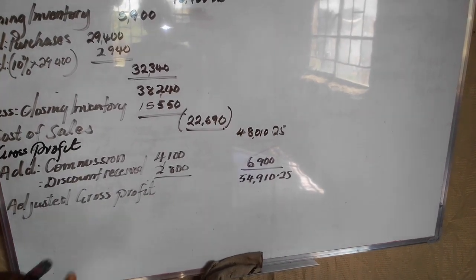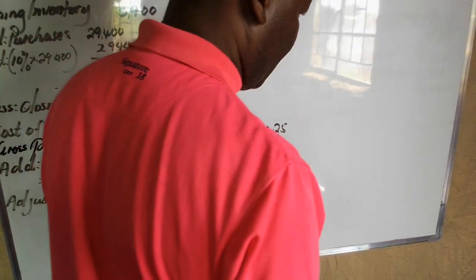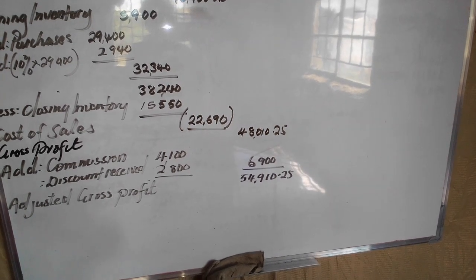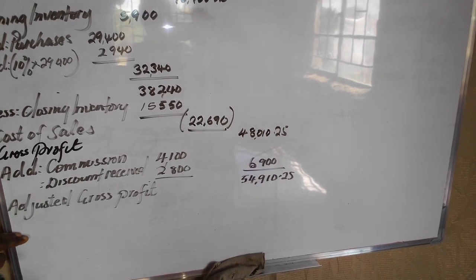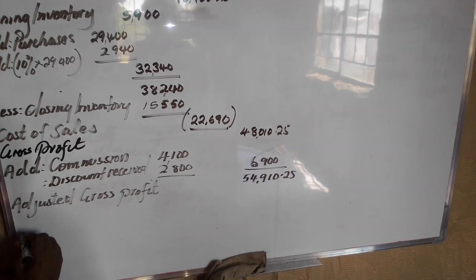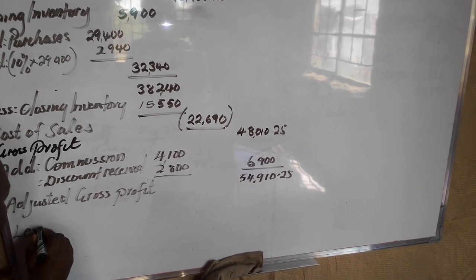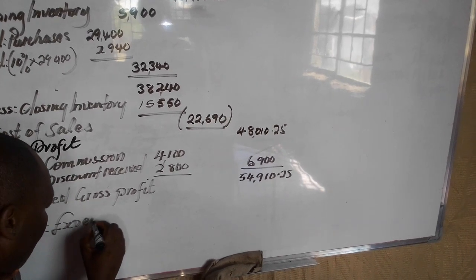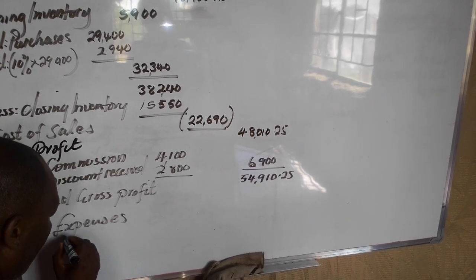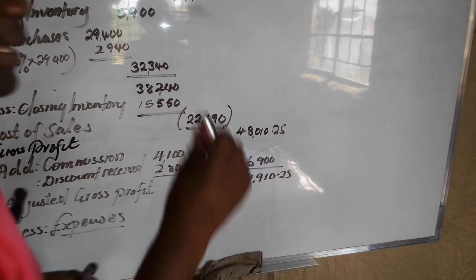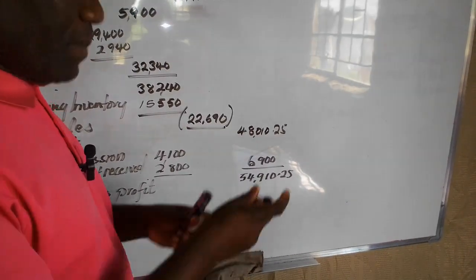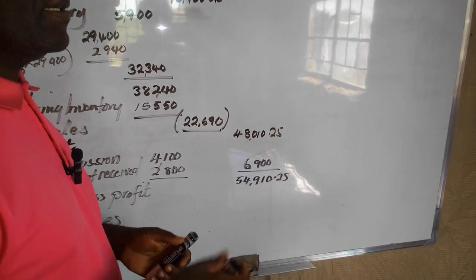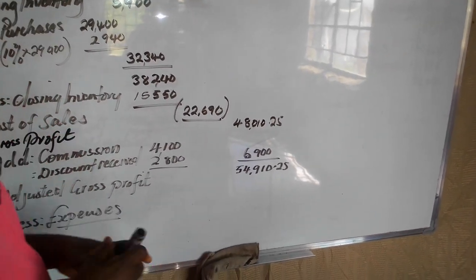So when we reach this level, we now take care of the expenses. We are now going to say less expenses. If you remember well, the expenses that we have are rent and transport.